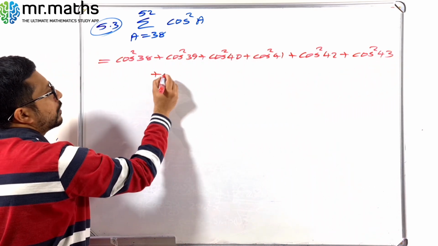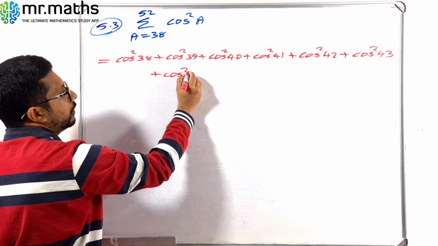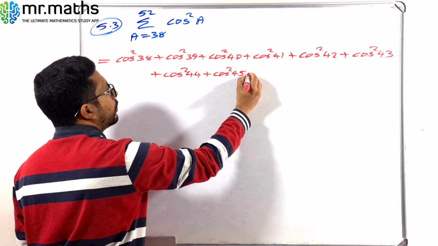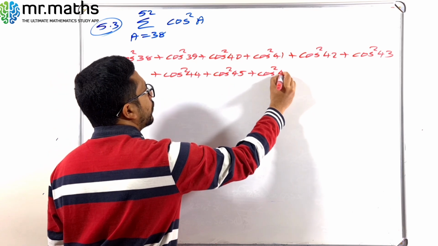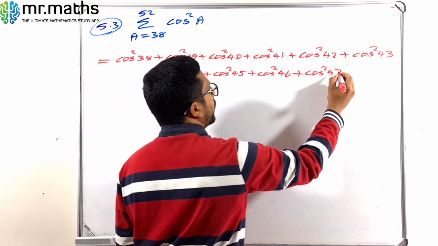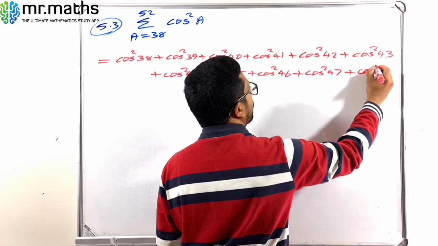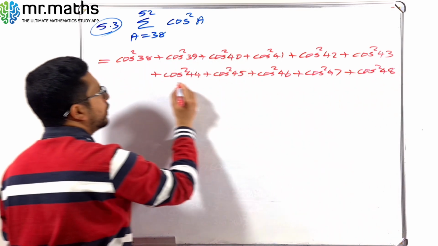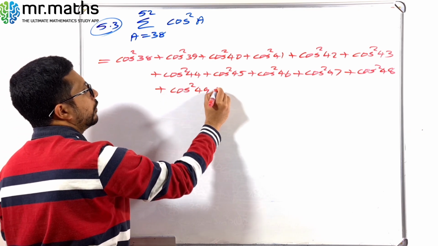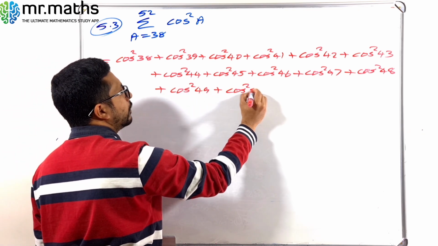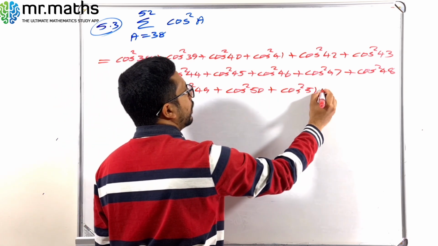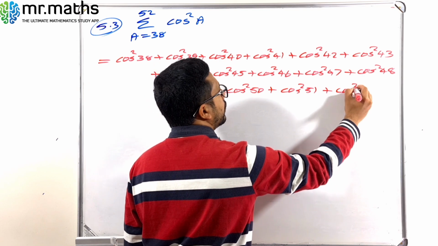Then plus cos square 44 plus cos square 45 plus cos square 46 plus cos square 47 plus cos square 48 plus cos square 49, almost there, plus cos square 50 plus cos square 51 plus cos square 52.